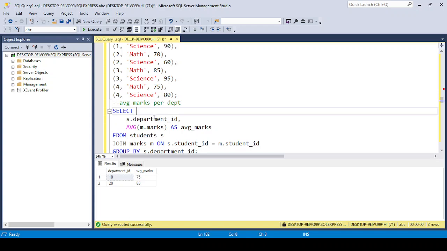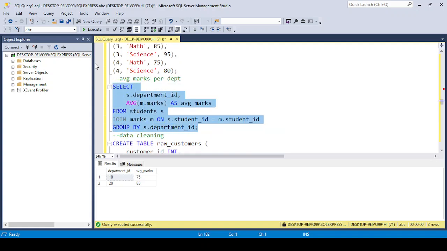So department number 20 has the average as 83. So a simple example of join and group by.